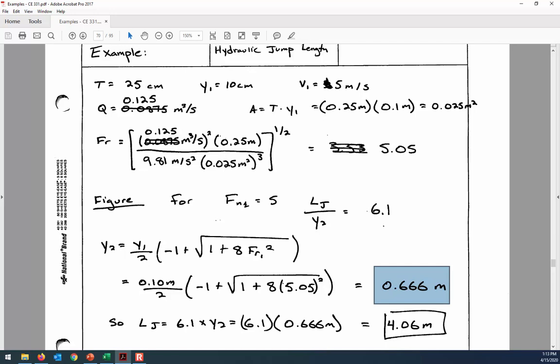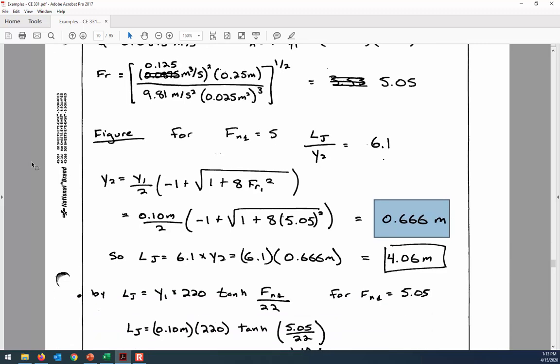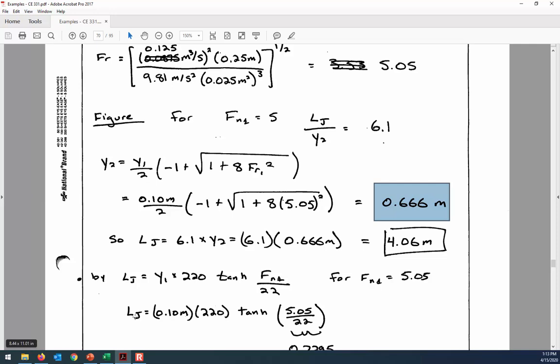The other is the Hager equation. So here's the Hager equation. It says that the length of the jump is going to be the upstream depth multiplied by 220 times the hyperbolic tangent of the Froude number divided by 22. So we previously calculated the Froude number to be 5.05.